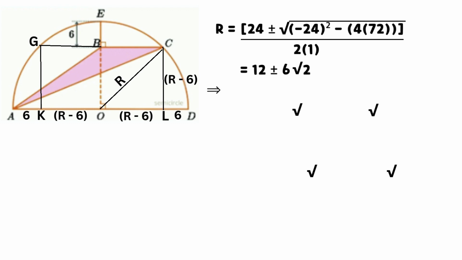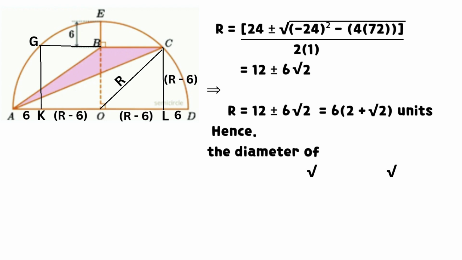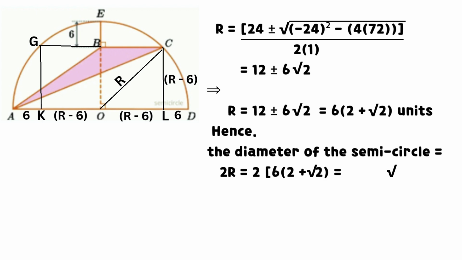We have that R equals 12 plus or minus 6 times the square root of 2. After simplification of substituted values, it follows that R equals the product of 6 and the sum of 2 and the square root of 2 in units.